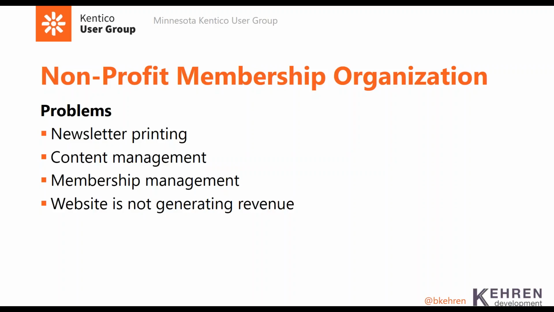Membership management is tough. A lot of their membership management is done in an Excel file. They want to automate or change some of that so it's more involved in the website, and they can use the website database to manage their membership. And the website doesn't generate any revenue. It costs them money every year, but they're not getting any revenue back from it.